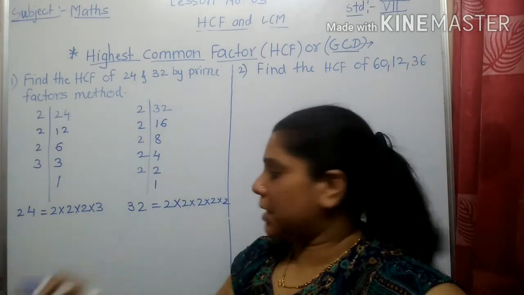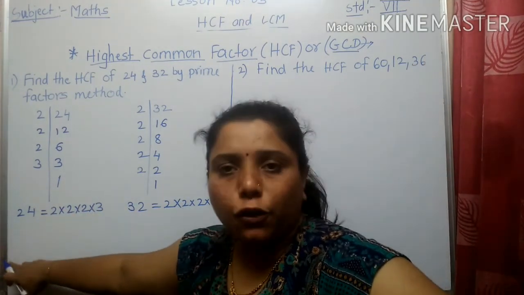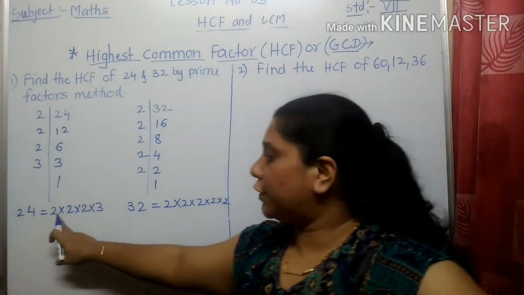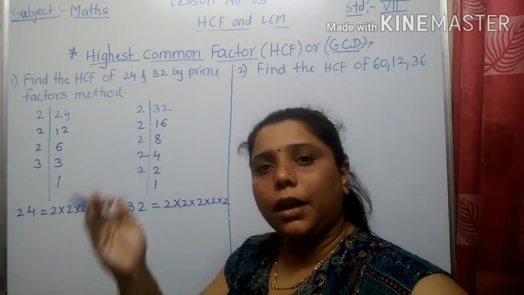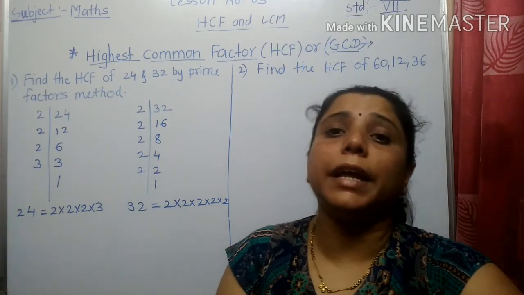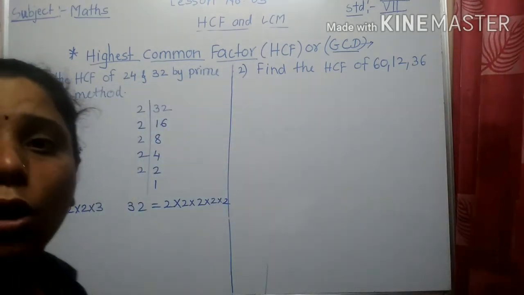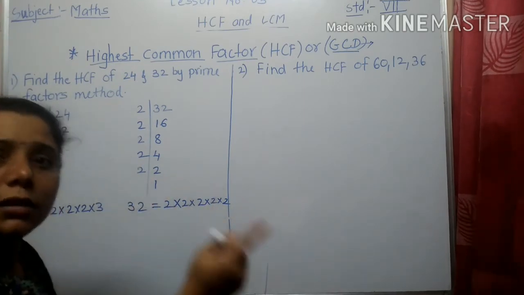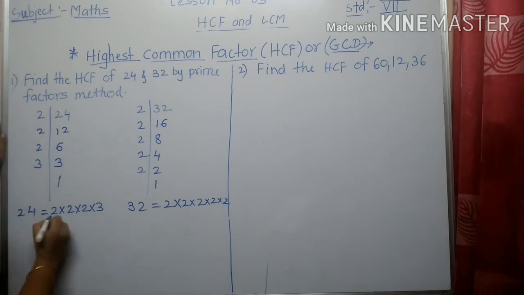Here 2 is a factor which is coming in 24 and also in 32. So you have to first collect all the common factors, and after collecting them, you have to take the product. First I will underline all the common factors, which are the same in both the numbers. Now we will underline them.